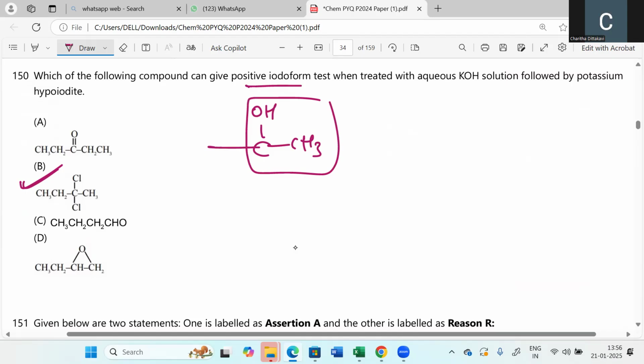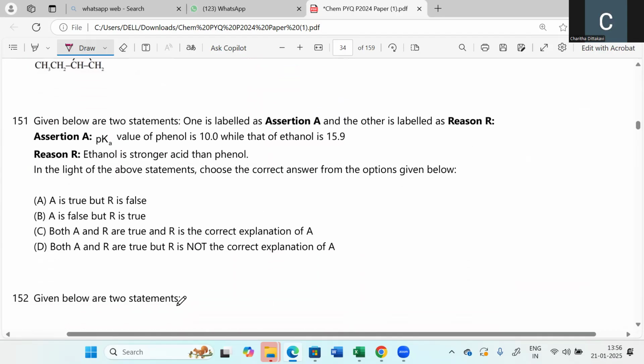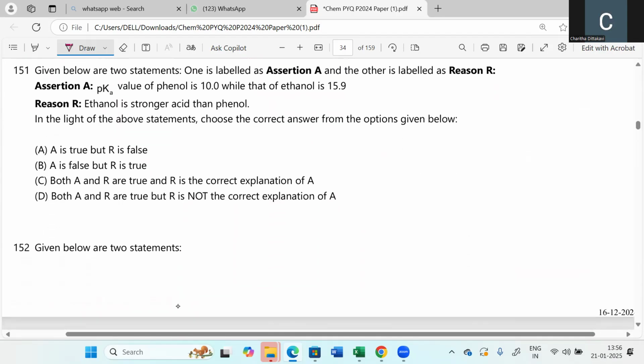Okay. Then moving on, 151. Given below are two statements, labeled assertion and reason. The pKa value for phenol is 10 while that of ethanol is 15.9. Assertion A is true because phenol is more acidic than ethanol. We already know that, right? Why phenol?